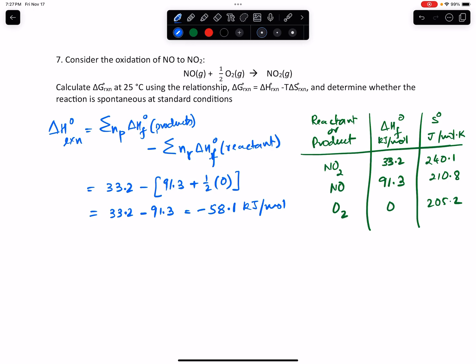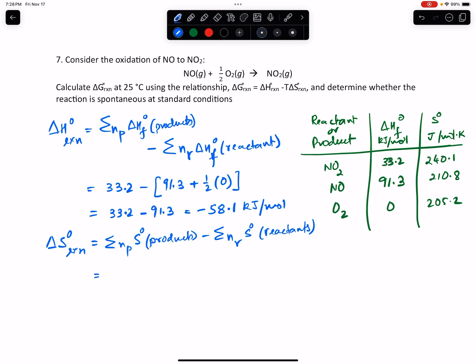Okay, so now the next step is to find the delta S naught of the reaction using the values of S naught. The formula is very similar to delta H of the reaction. So delta S naught of the reaction is equal to the summation of n_p S naught of products minus the summation of n_r S naught of reactants.